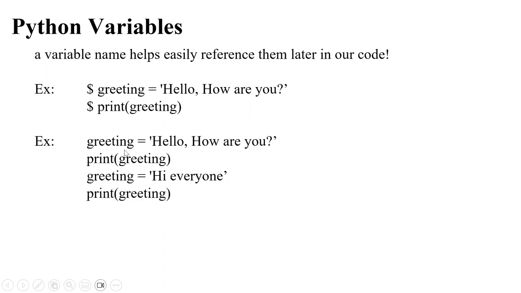So now what is the output here? After executing these four statements, finally, what is the value of greeting? Is it hello, how are you, or is it hi everyone?